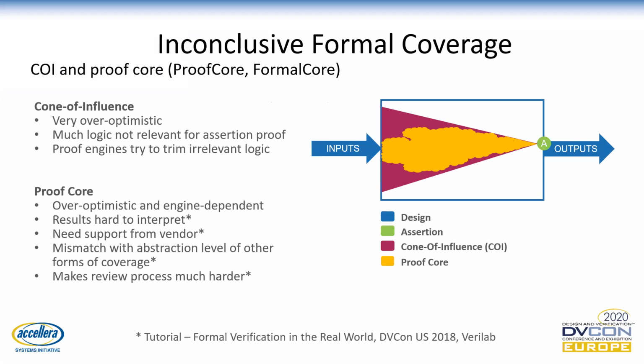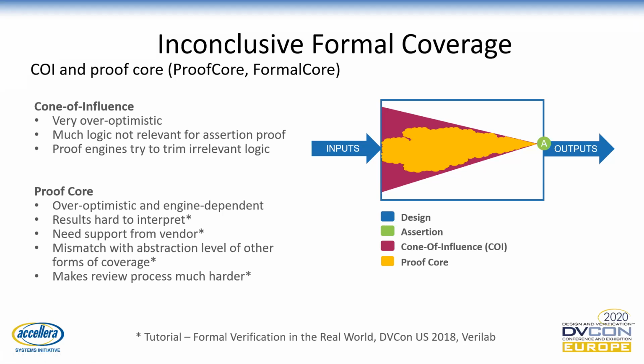The cone of influence is very old and well known. It's mainly for an assertion. It's getting all the signals, and in this picture it's the triangle, and it's very over-optimistic.